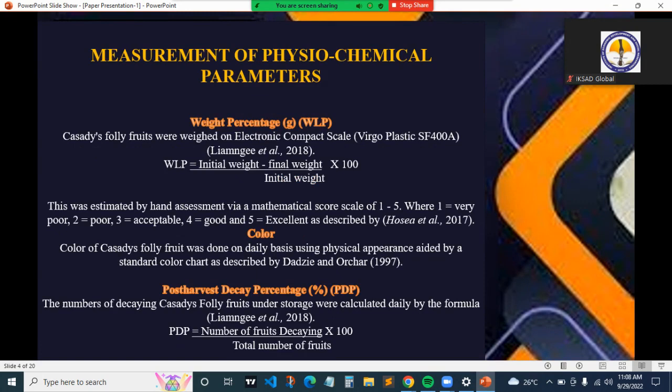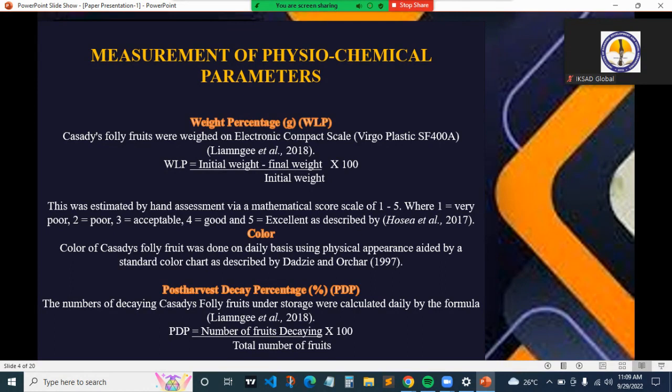So the measurement of physiochemical parameters. We had to run physiochemical parameters on all the tomatoes. The first thing was the weight percentage. Throughout the storage period, we were weighing the tomato to check the weight percentage loss. And also, we did color analysis.